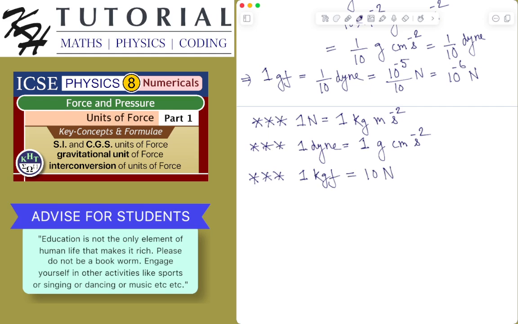I think these are the 3 most important formulas or results you must always be aware of.